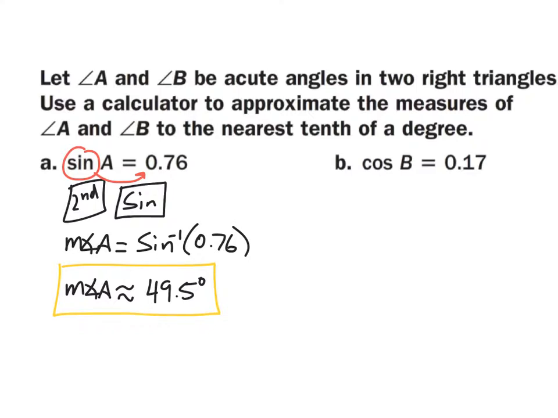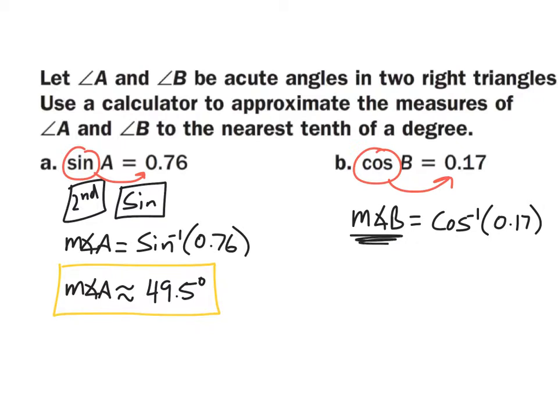Let's try cosine. Again, I need to take cosine, move it to the other side, and so now I have the measure of angle B equals the inverse cosine of 0.17. Remember, inverse trig ratios are basically asking you, what angle makes the cosine 0.17?